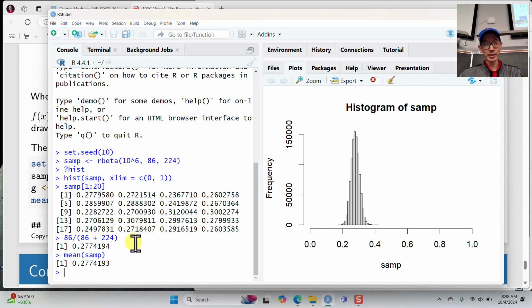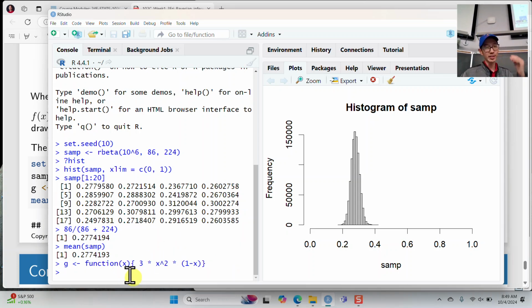And so again, I can plug in all of these things. I have to create a function. This is the function that I want to create: 3 times x squared times 1 minus x, or I guess theta, okay? And so we're going to plug in g of our sample, and this is going to give me 1,000,000 values, so I want the mean of that.